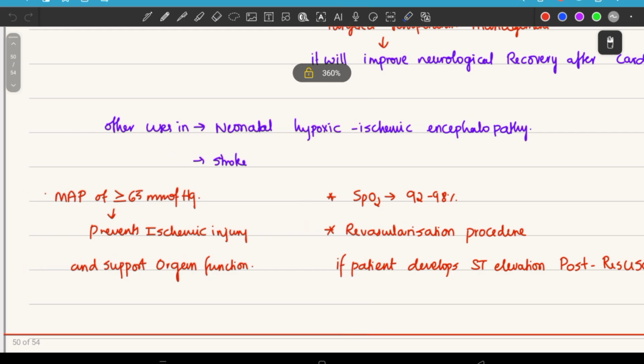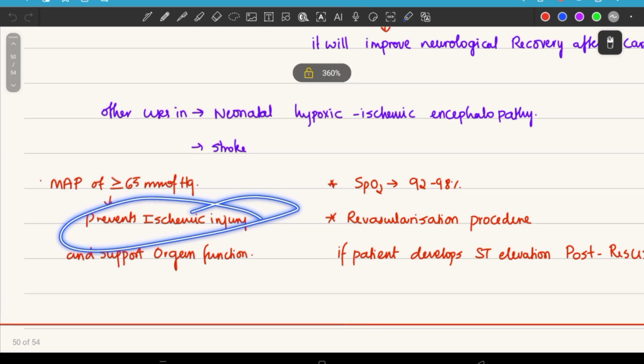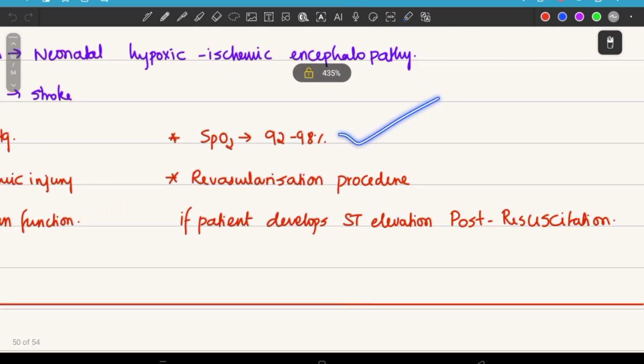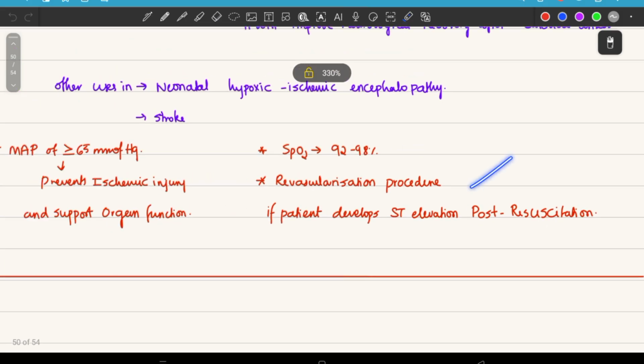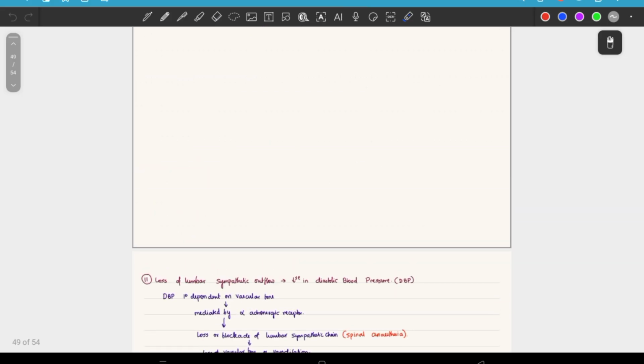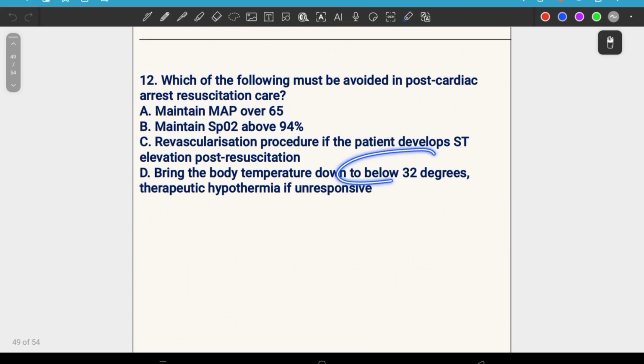The mean arterial pressure is maintained at more than 65 mm Hg to prevent ischemic injury and support organ function. The SpO2 is 92 to 98%. Revascularization procedure if the patient develops ST elevation. Hence, we can't bring it below 32 degrees Celsius, but we can maintain it at 32 degrees Celsius.